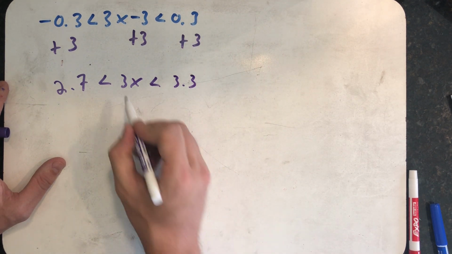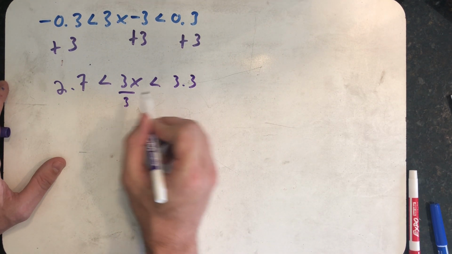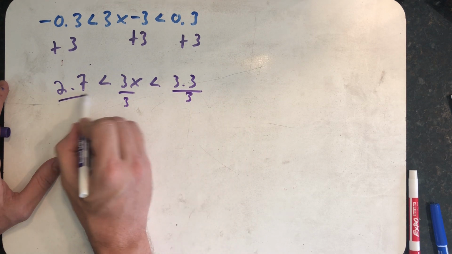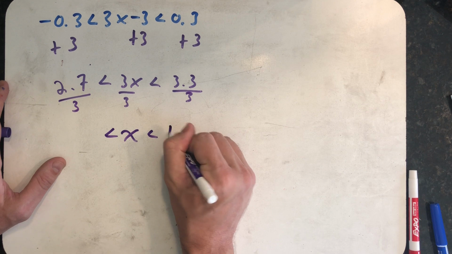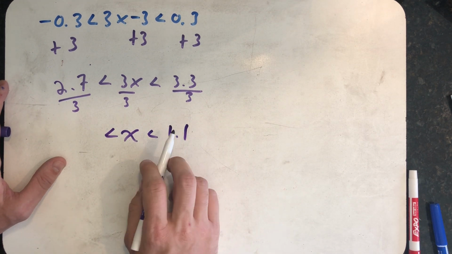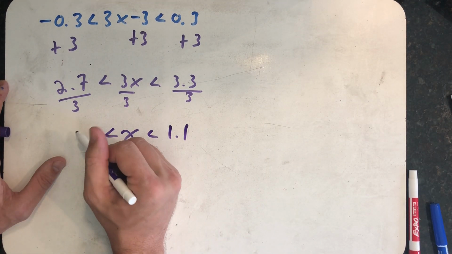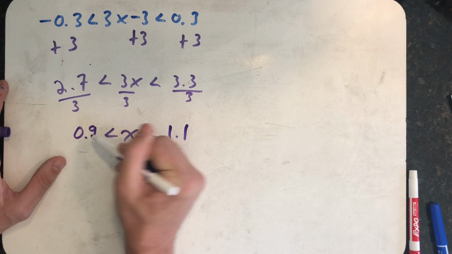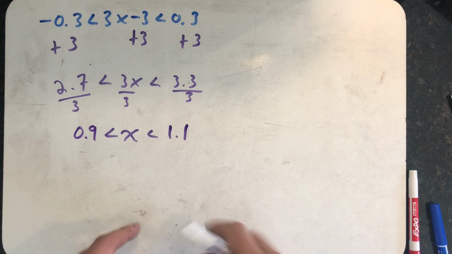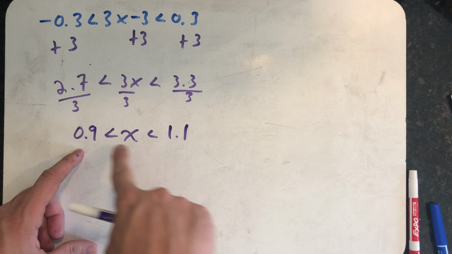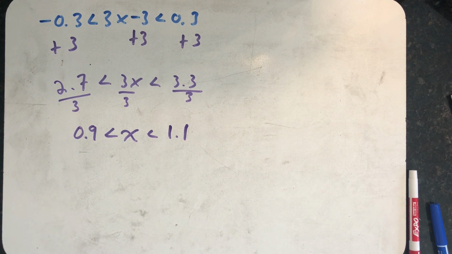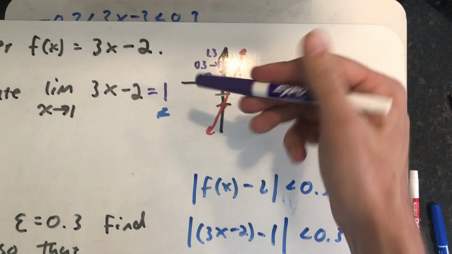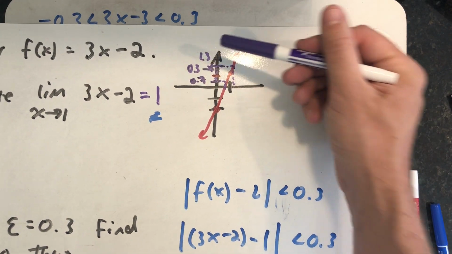All right, and now I need to divide everything by 3. So I have an x in the middle. It needs to be less than 1.1, but more than, let's see, that would be 0.9. So what I know now is if I choose x's between 0.9 and 1.1, my y values will be within 0.7 and 1.3.